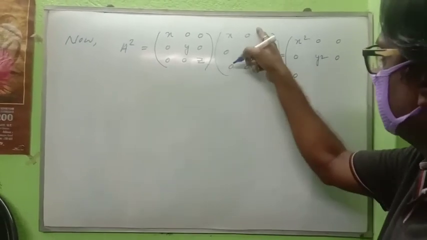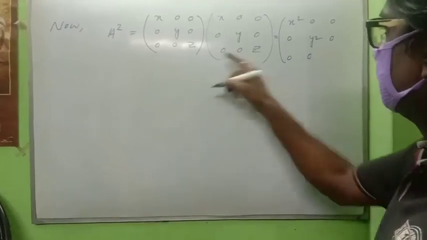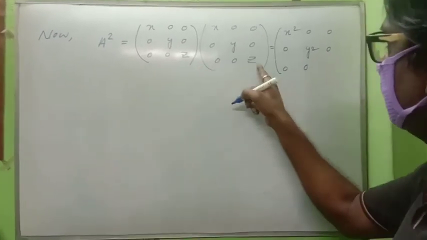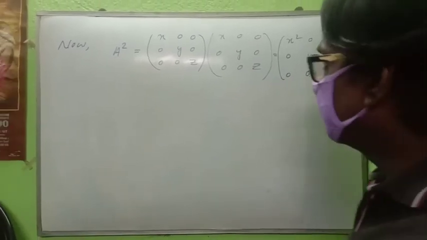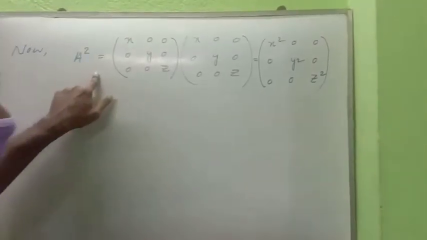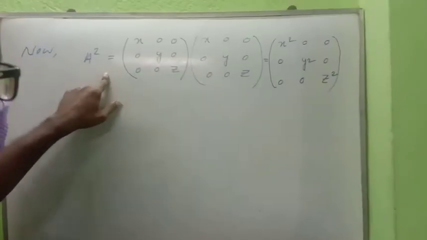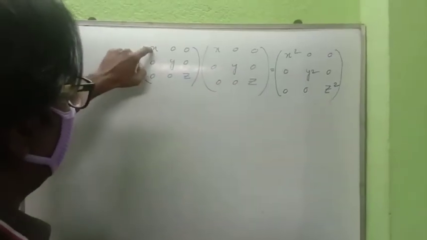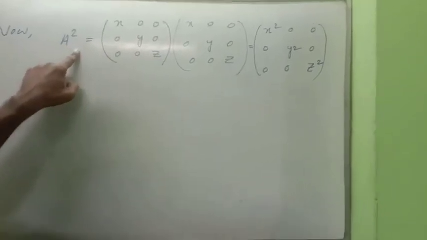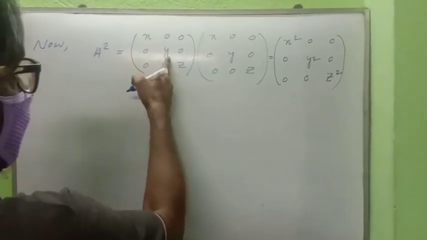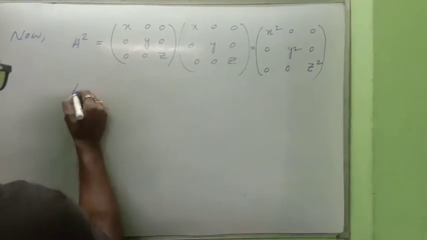Third row with second column, also 0. Third row with third column, z square. So what is the conclusion here? If A is a diagonal matrix having elements x, y, z in the diagonal, then A square will be just their squares: x square, y square, z square.